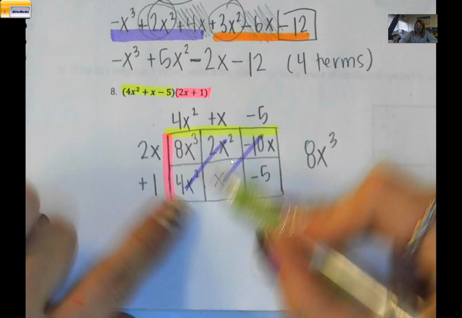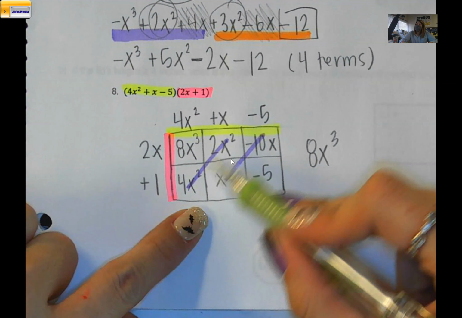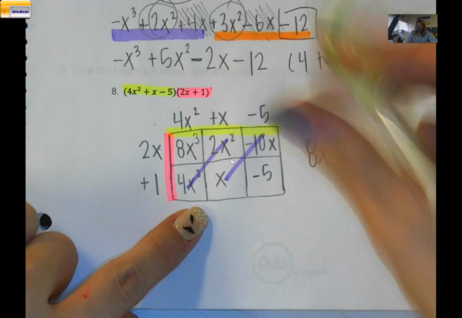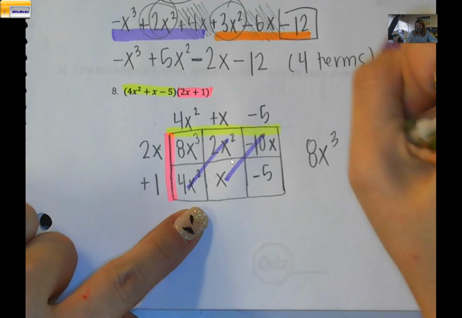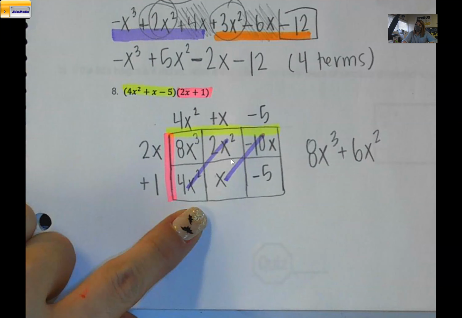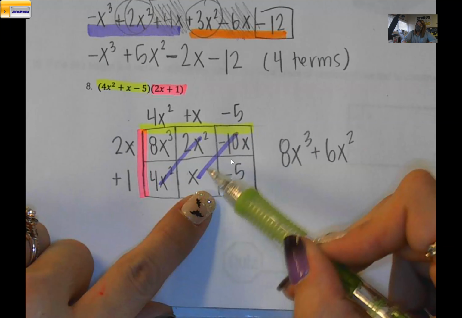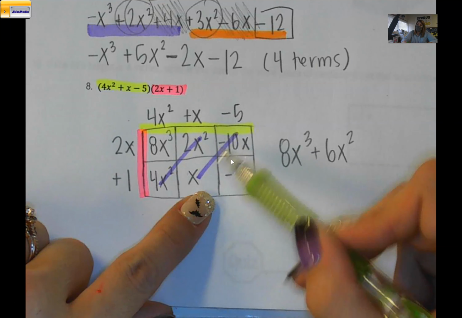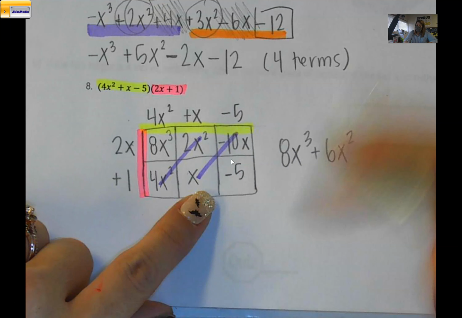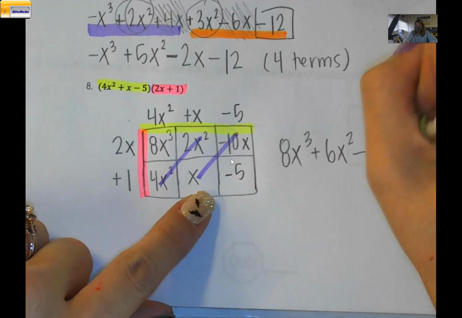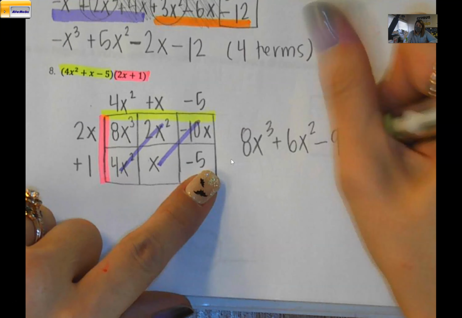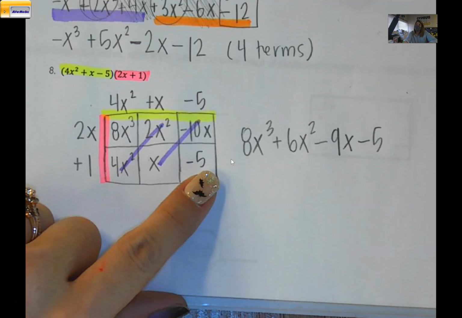Our second term is these two things combined. So 6x squared. Those are positive. Our third term is these two combined. So negative 10 plus 1 gives you negative 9x. And then our last term is the negative 5.